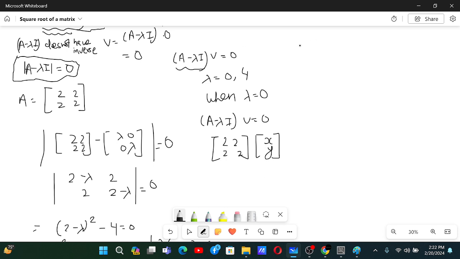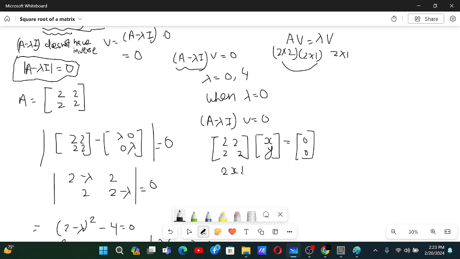Because we earlier had Av equals lambda v. Our eigenvectors are in the form 2 by 1, and this is 2 by 2, so if it is 2 by 1, then we also get 2 by 1 over here. It's also defined as a column vector. This equals 0, 0.